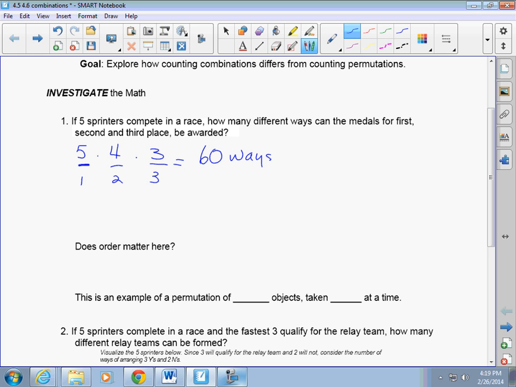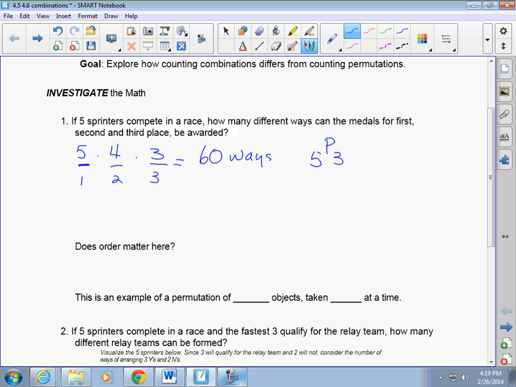This relates to what we were doing with permutations in the other sections, where we had 5 objects and we were arranging them 3 at a time. 5P3 equals 60. So does our order matter here? Well, yes, it does, because we're talking about placement in a race.